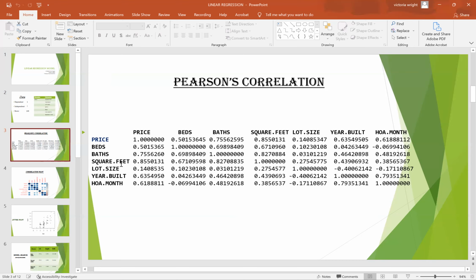That means square feet strongly affects the price of a house. The next one is bedroom, 0.755. And the third one is year built, 0.635.